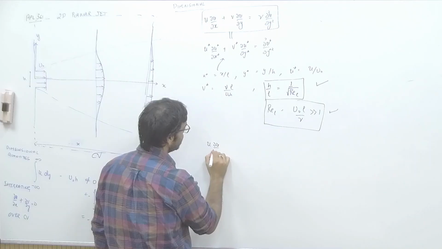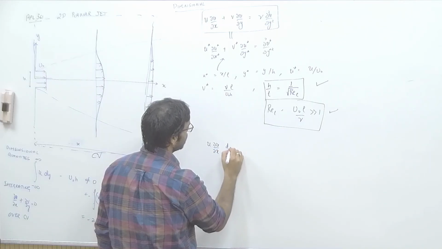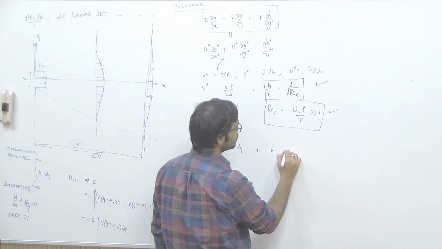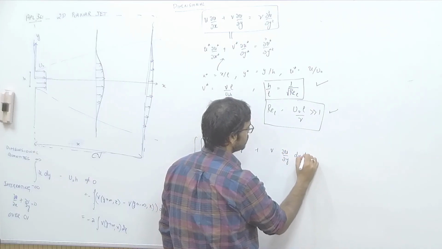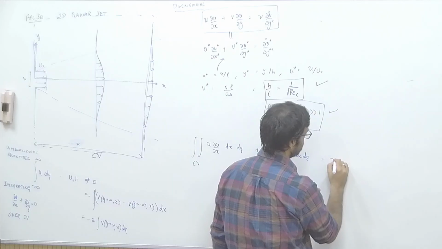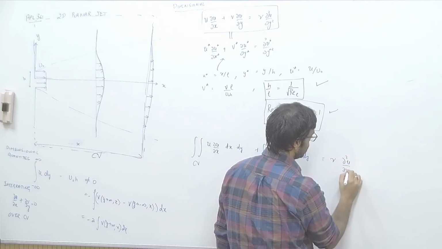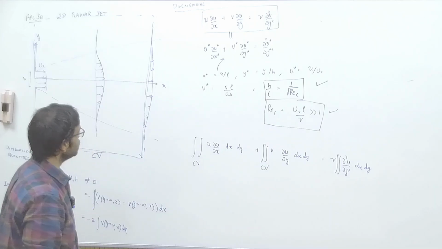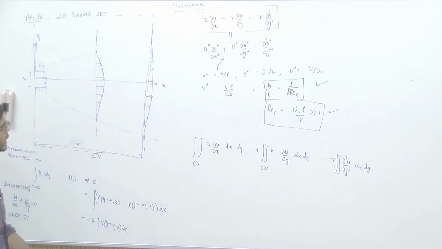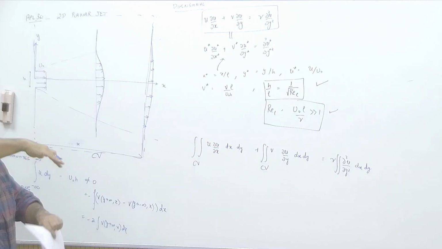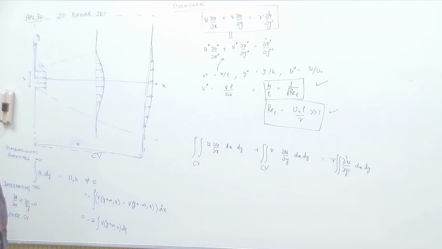So I will write this, and remember that we are taking a limit of a control volume that is extending to y tends to infinity in both the plus and minus directions.